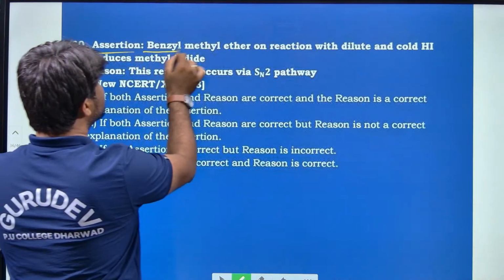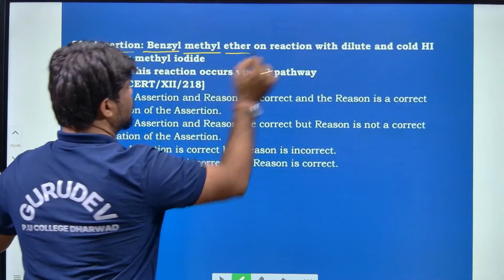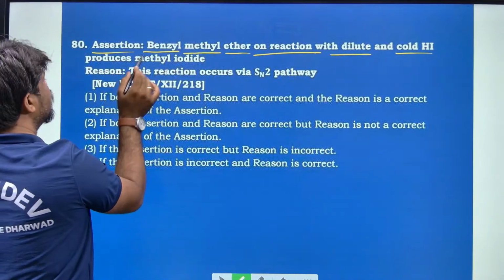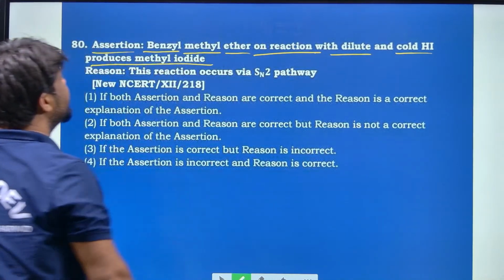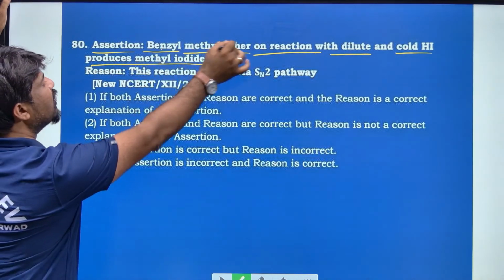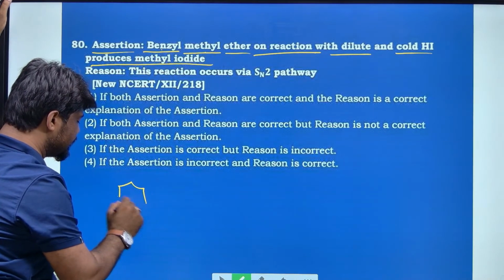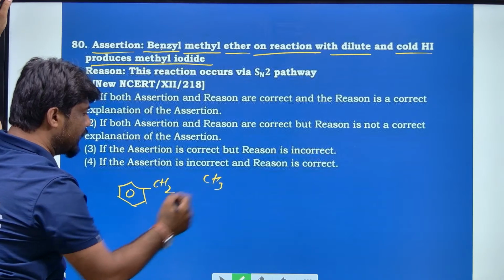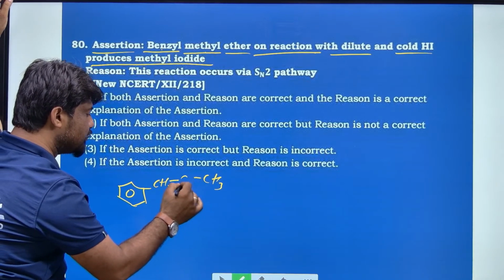Assertion: benzoyl methyl ether on reacting with dilute and cold hydrogen iodide produces the methyl iodide. So I'll write a reaction. Benzoyl methyl ether, nothing but this is the benzoyl and this is the methyl, an ether, between this one there is oxygen.